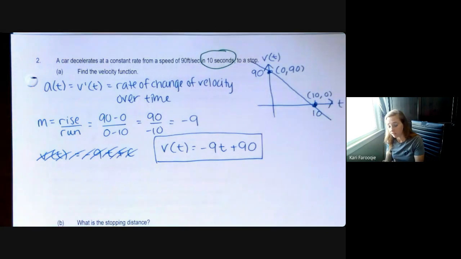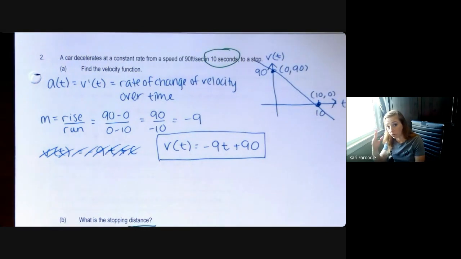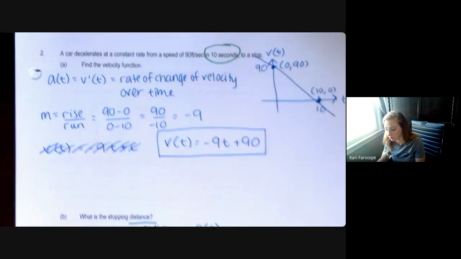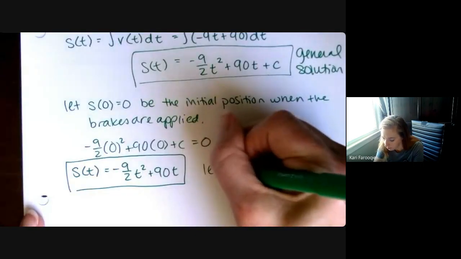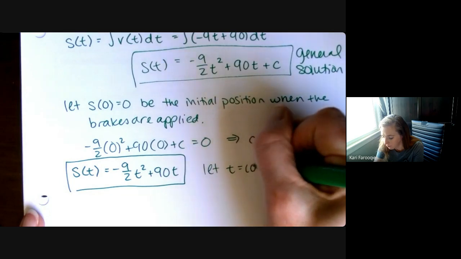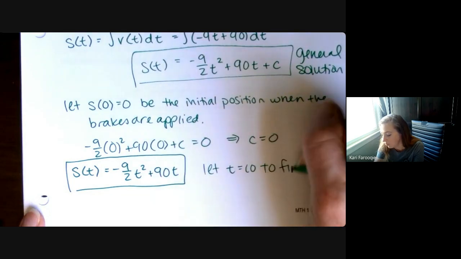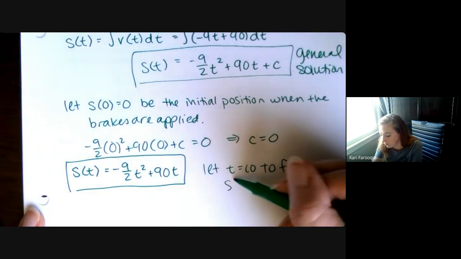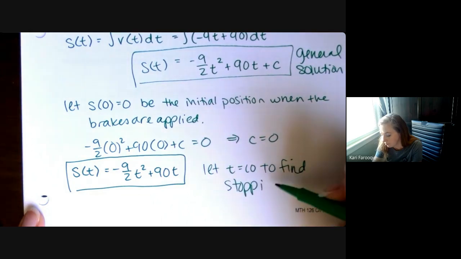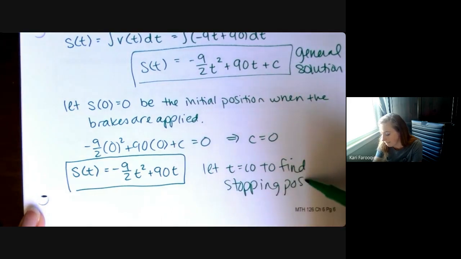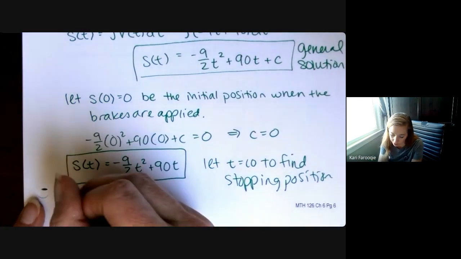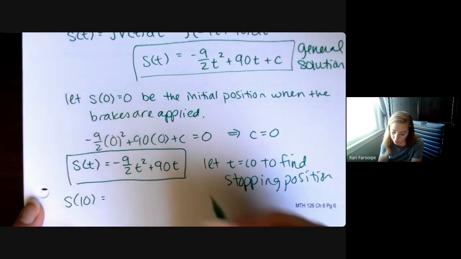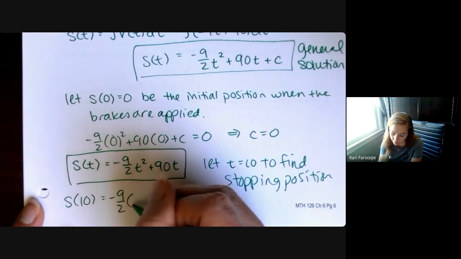So if that takes 10 seconds from the time that you apply the brakes for the car to stop, then let t equal 10 to find the stopping position. Because it took 10 seconds for the car to stop. So after 10 seconds, what is the position of the car?